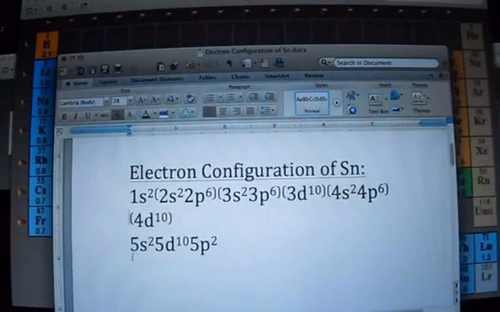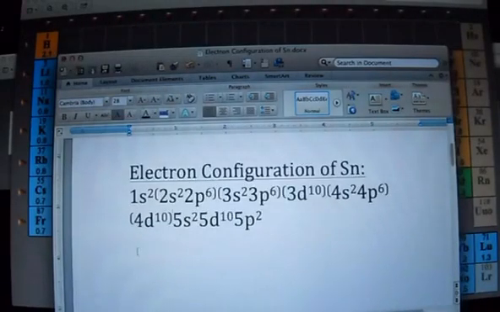Move that down so it's easier to see. Then we have to put the 5s and the 5p together, so they're in the same group. 5d is in its own group.